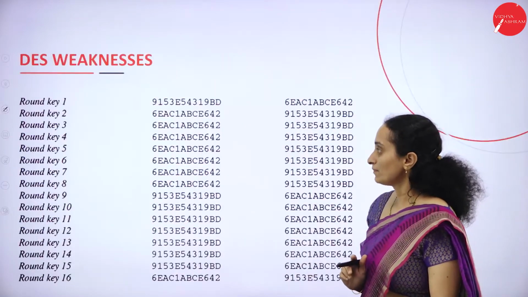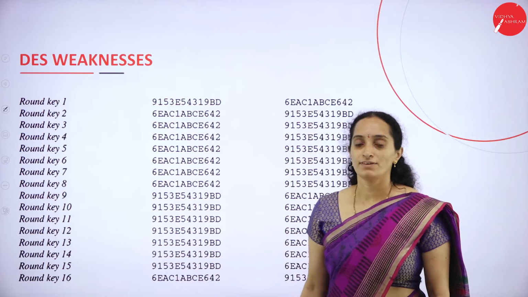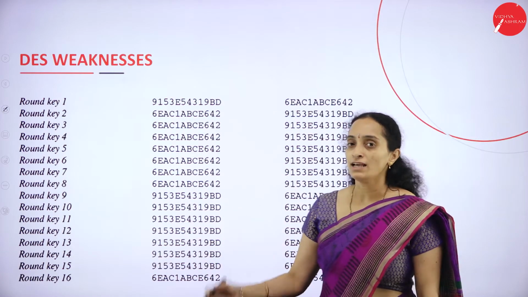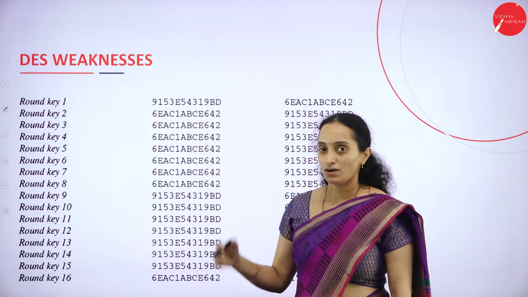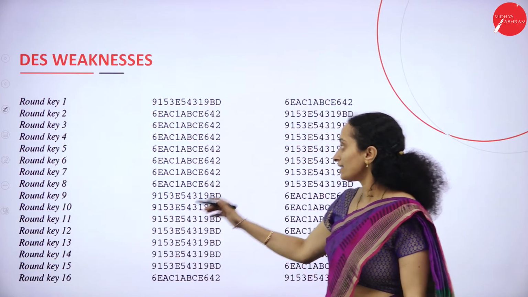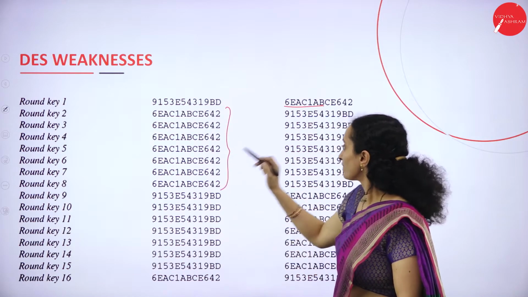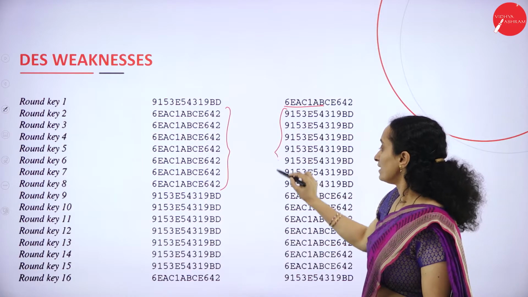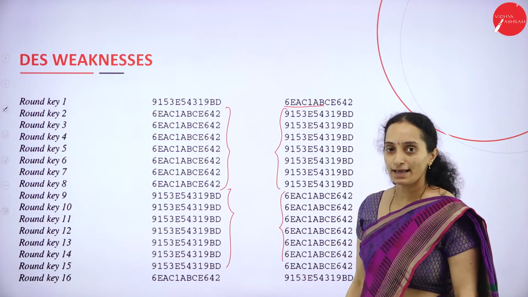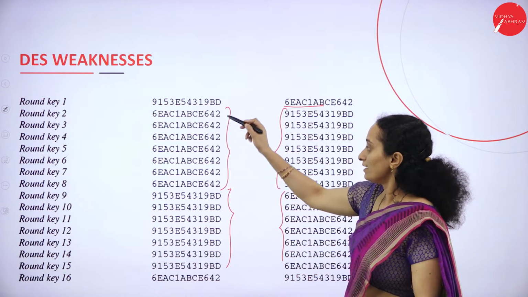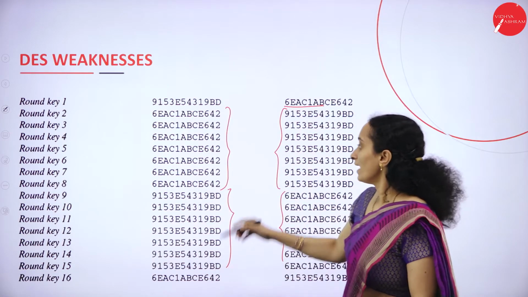Alright. Here we have the set of semi-weak keys. When you apply a semi-weak key on the message, on the data, on the plain text, what you get is repetition of the keys. Here you can observe the keys are repeated. Keys are repeated several times. Now we have the 7 round keys from round 2 to 8.